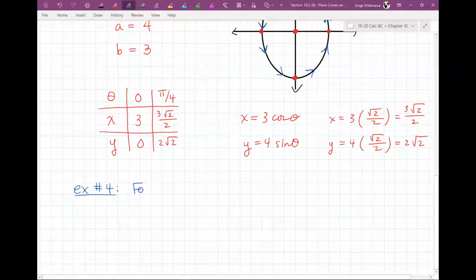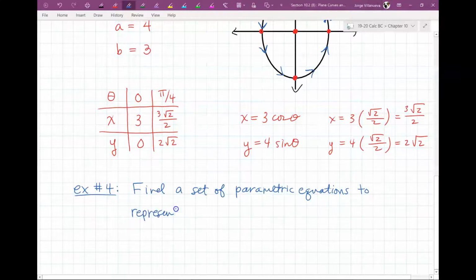So we're going to find a set of parametric equations to represent the graph of y equal to 1 minus x squared using, so there's going to be two ways.